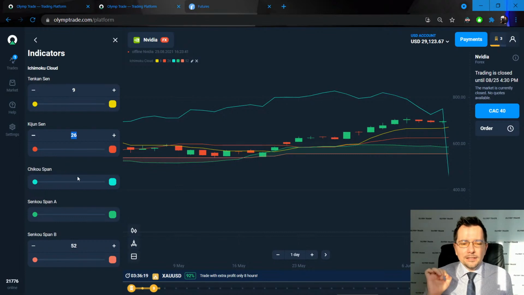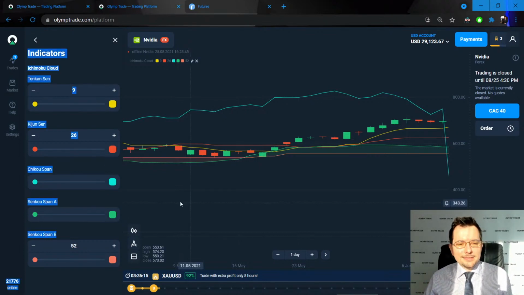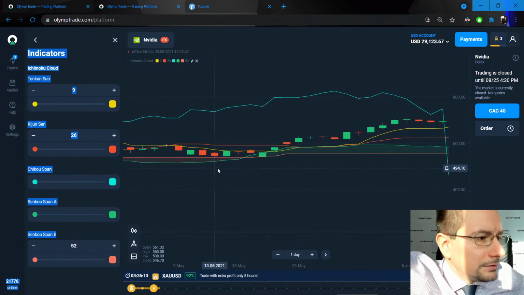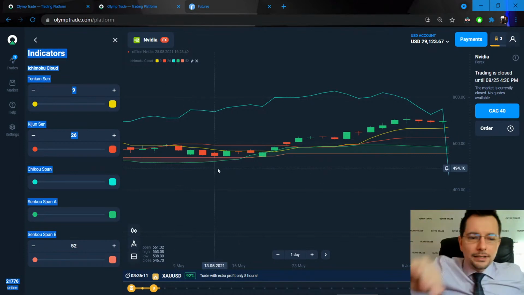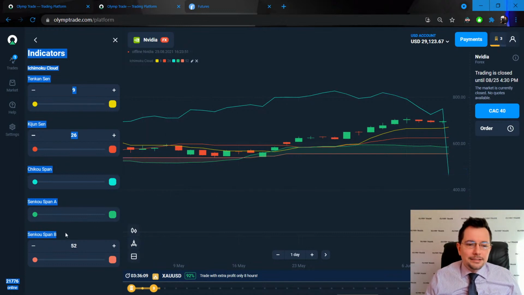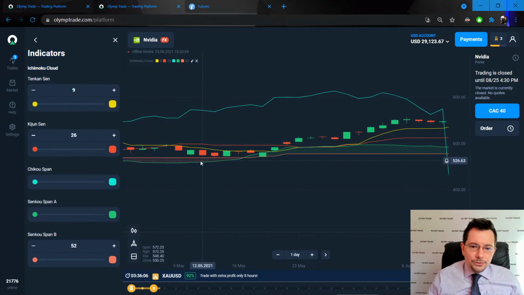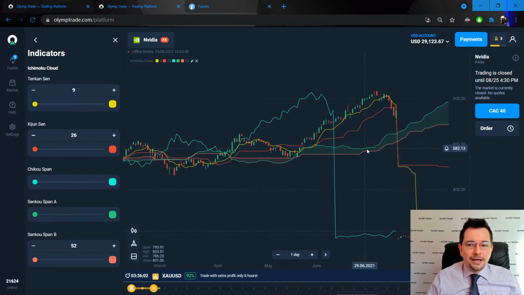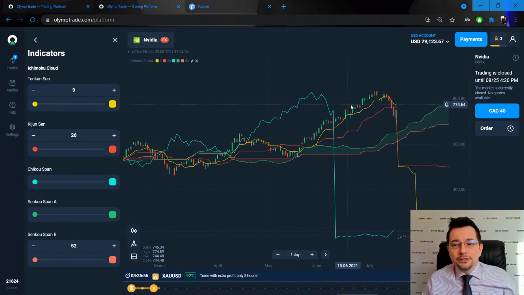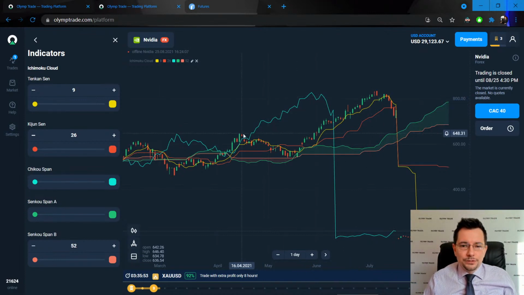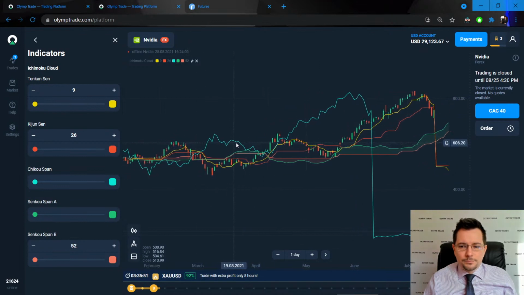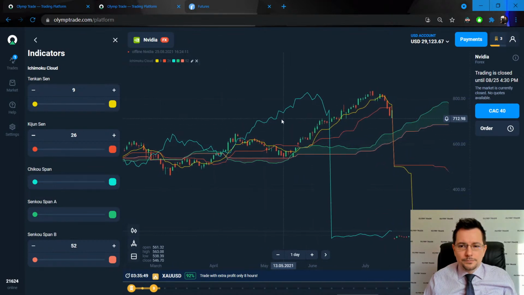The main lines that you want to pay attention to are Senkou Span B and Senkou Span A. So you have the green line and the orange line, and they create a shaded area. These are just simply moving average lines that are moved ahead in the future, and this one is moved back.